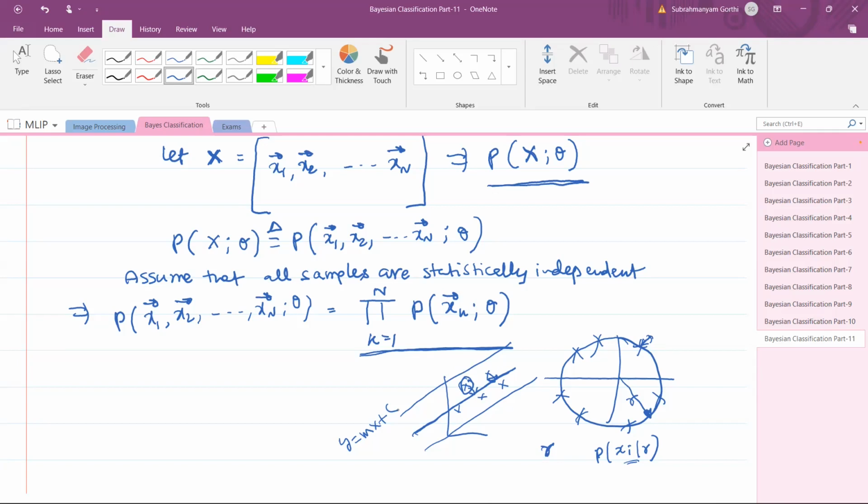Now the approach is very simple. You vary the theta values within a possible range, and for each of those theta values, you compute this expression given here, and finally pick that theta value which results in the maximum probability, the maximum of this function.